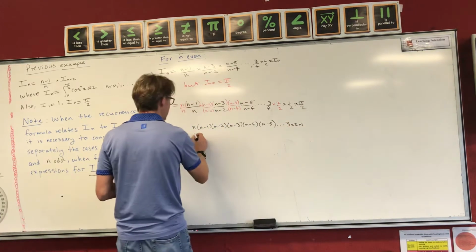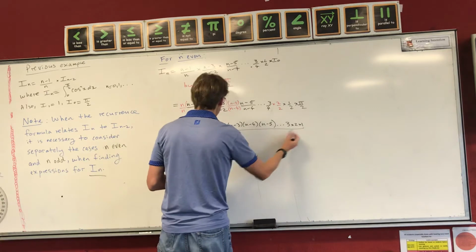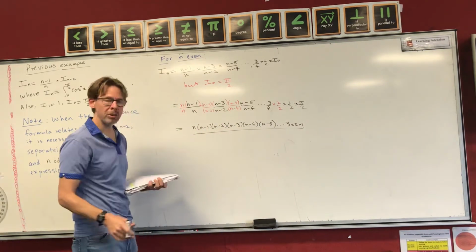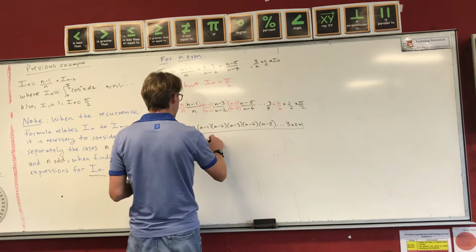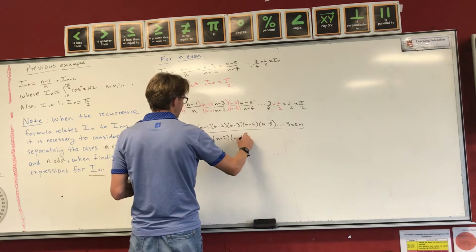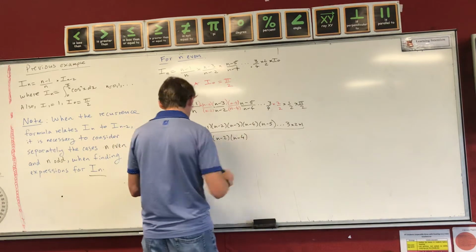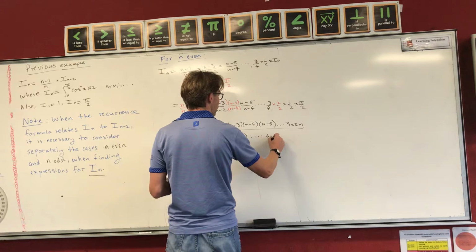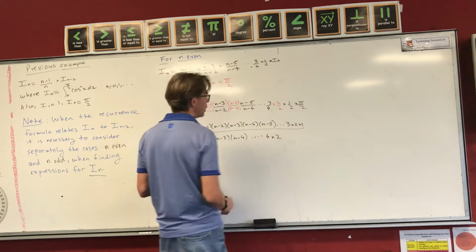You'll see why I'm doing this. All over. Now, you'll see I've got repeated terms here. They're all squared. So I'm going to have n outside of n minus 2, n minus 4. And that goes all the way down to 4 times 2.